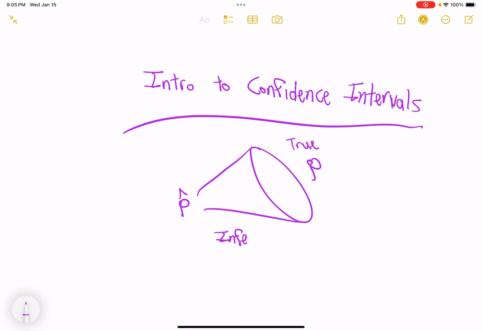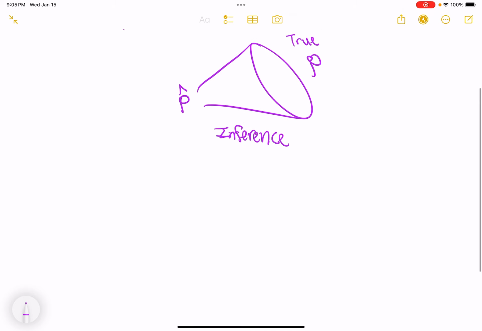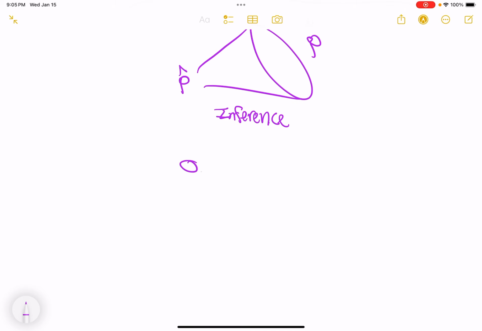This is the first time in class that we are making an inference without any information about the true proportion P. Or in the case of means, which we'll do in a class period or two from now, without any knowledge of the true population mean. All we have to work with is a single sample. And using that single sample, as you'll soon see, we can do many incredible things. So let's work with our approval rating for Joe Biden, which is 39% or 0.39.